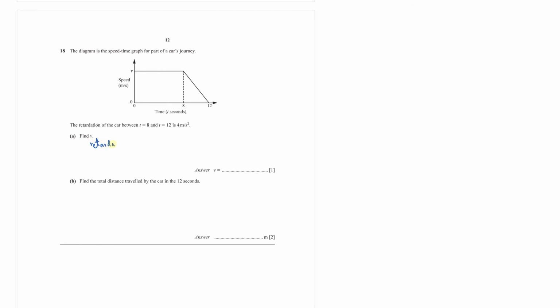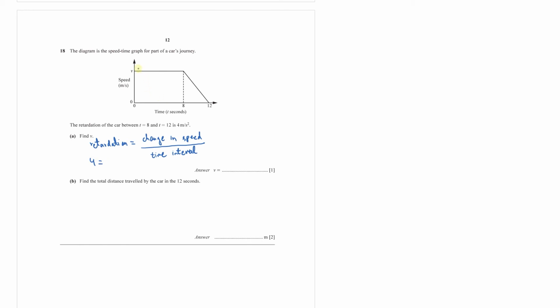retardation or the deceleration of a car would be given by the change in speed divided by the time interval. So your acceleration or deceleration is basically the rate of change of speed with respect to time. So we're given that retardation is 4.